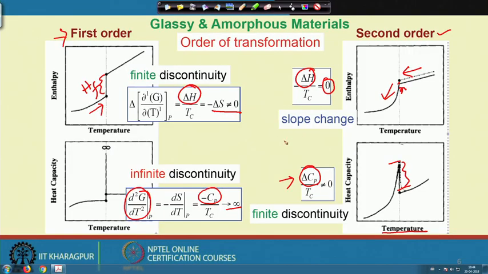And now, if we take this basic understanding of first order and second order and compare it with the glass transition phenomenon, then we will really understand whether it is a phase transformation or not, or which order of phase transformation is involved during glass transition.